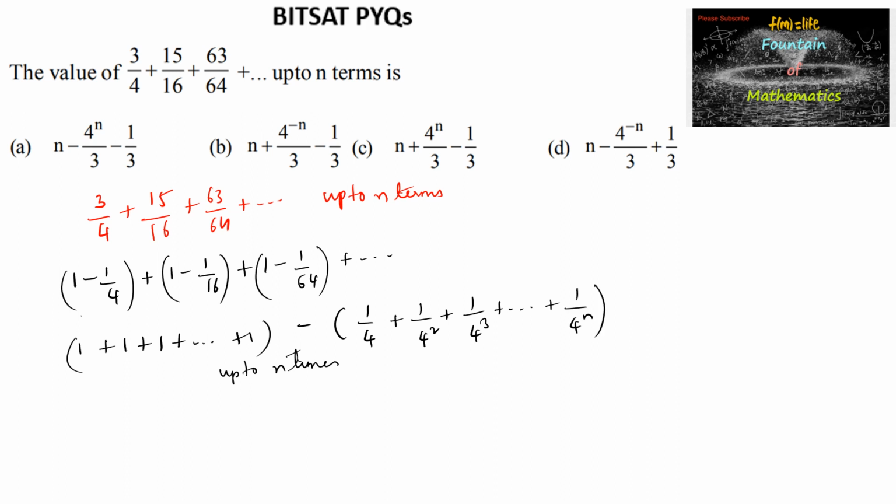Here 1 is added n times, so n minus, and here we can use the concept that it is a geometric progression whose first term is 1/4 and r is equal to 1/4.